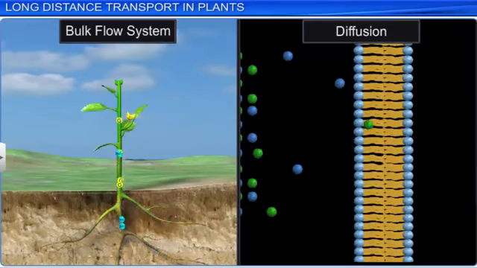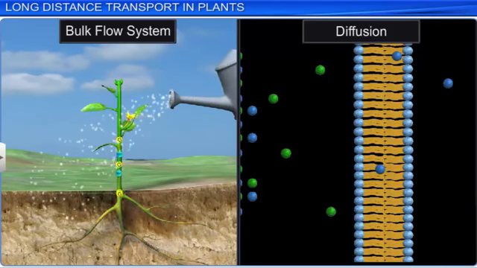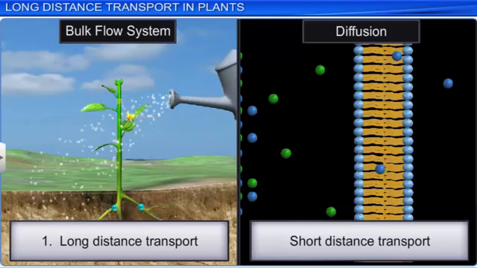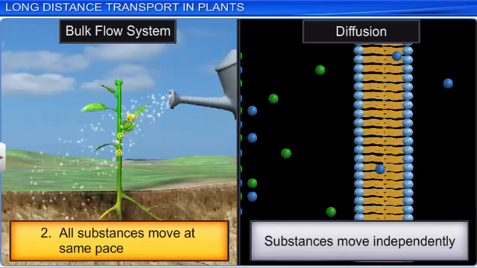To conclude, the bulk flow system differs from diffusion in 3 ways. First, it transports substances across long distances in plants, unlike diffusion. Second, unlike diffusion in which substances move independently, the bulk flow system moves all substances at the same pace.